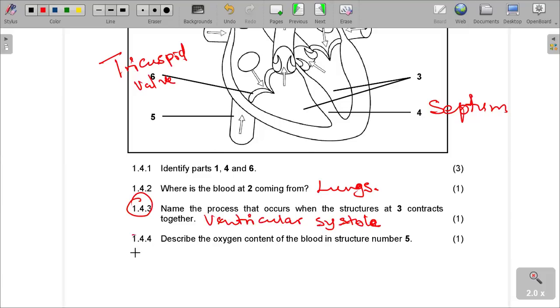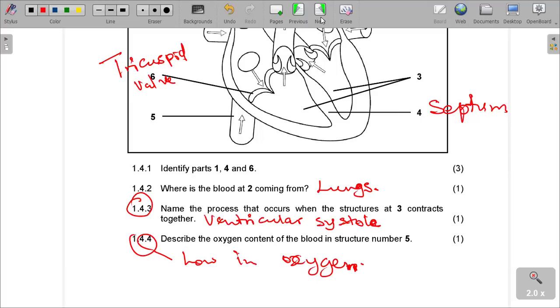I'm sure that we know that this blood is low in what? In oxygen. That is the description. It is low in oxygen, number 1.4.4. That is the correct answer.